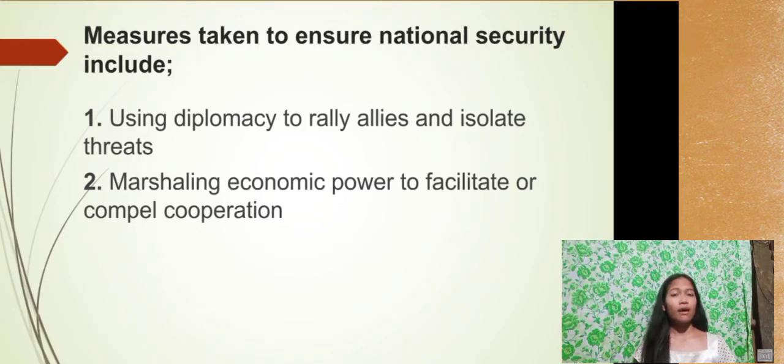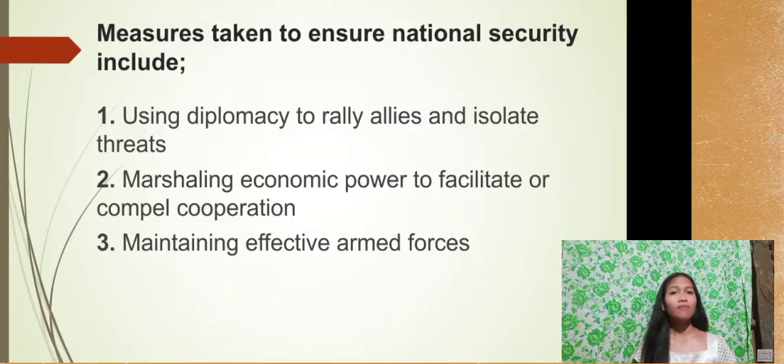Then next, we have number 3, maintaining effective armed forces. So to ensure the nation's safety, a country must have a strong and capable military force. It's like having a skilled defense team ready to protect the nation from any potential danger.